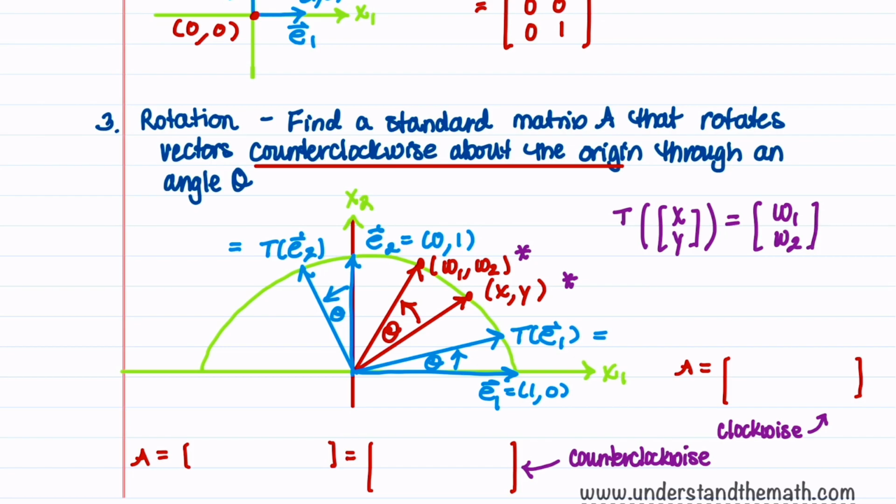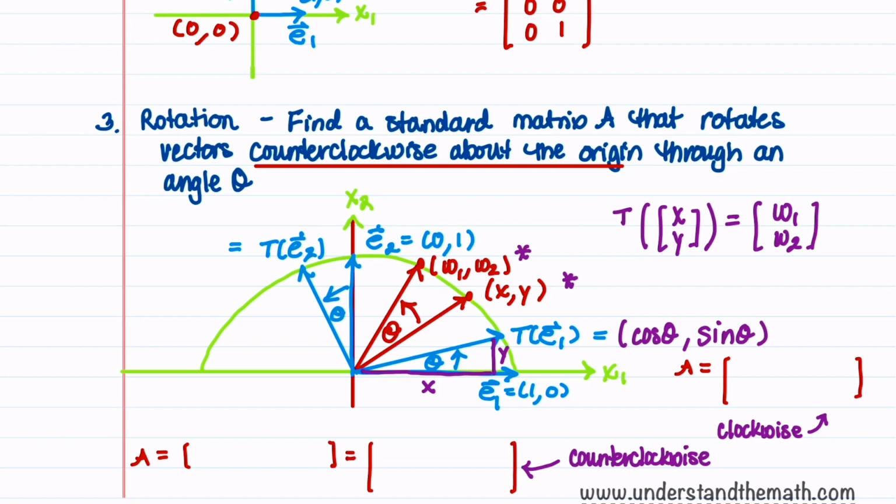To find the standard matrix for making this transformation, we're going to see how E1 and E2 transform. E1, as we rotate it through an angle theta, is going to become cosine theta, because that's the x component. Think of it like this. This is the x component and the y component, and we know from trigonometry that the x component is cosine theta, and then the y component is sine theta.